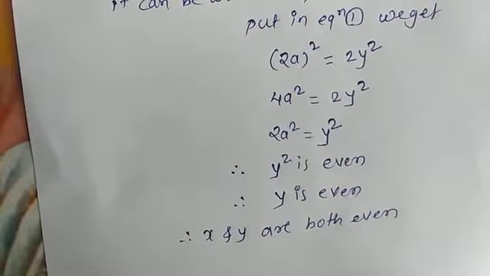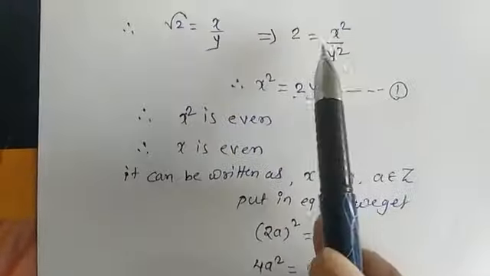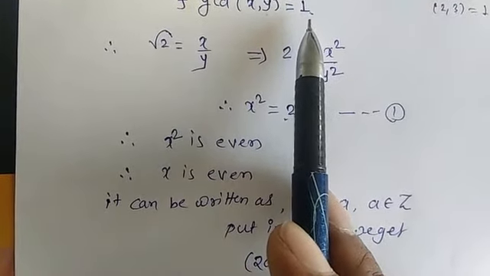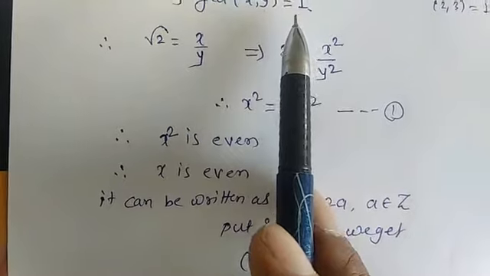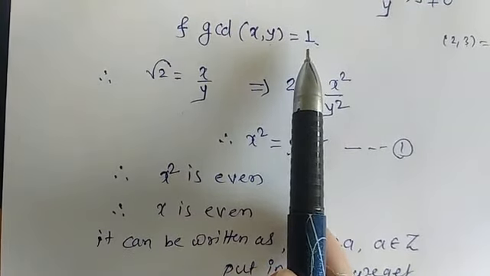But we have considered GCD of x, y equal to 1 because it is in the form of a rational number. So it is considered that GCD of x and y should be equal to 1.